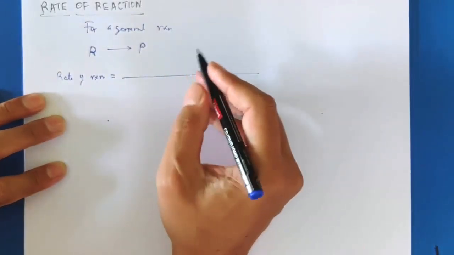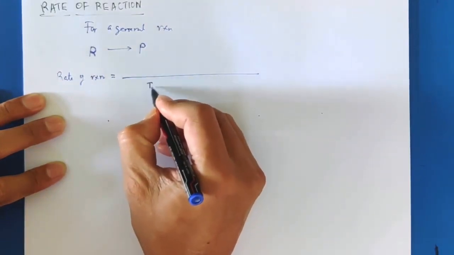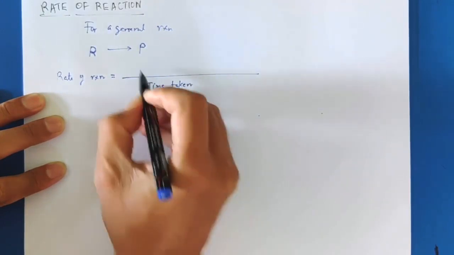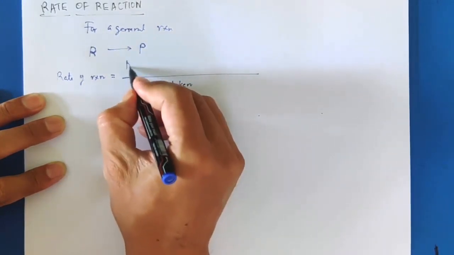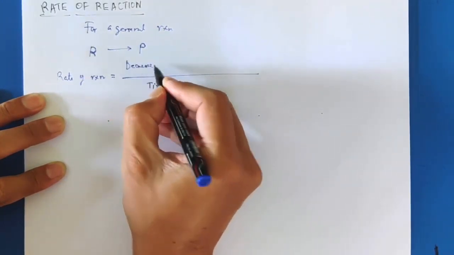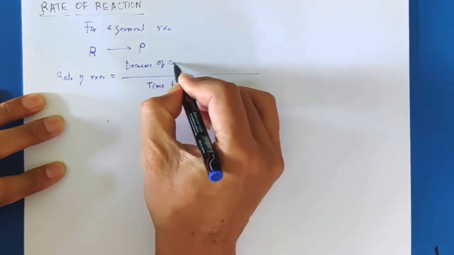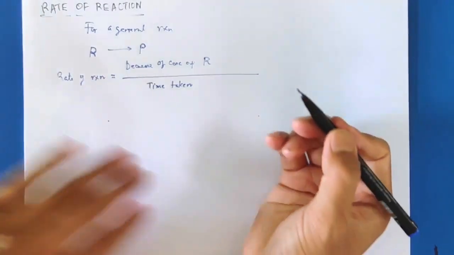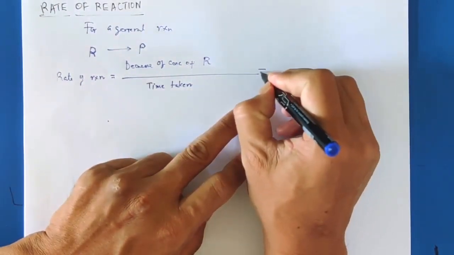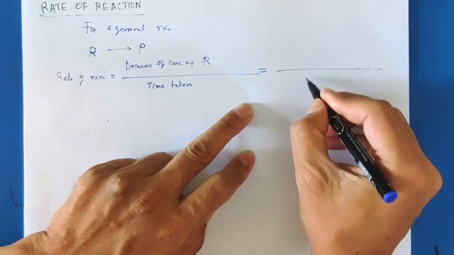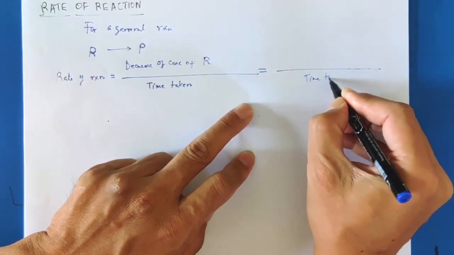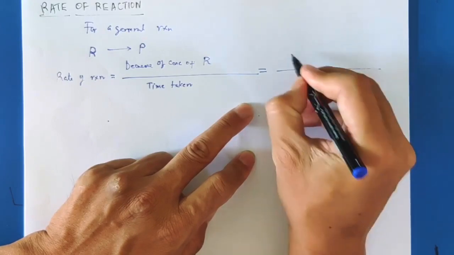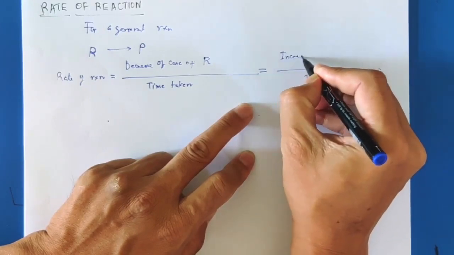So you write like this: with time taken, how does the concentration of a reactant decrease? And with the passage of time, what happens? The concentration of product increases.